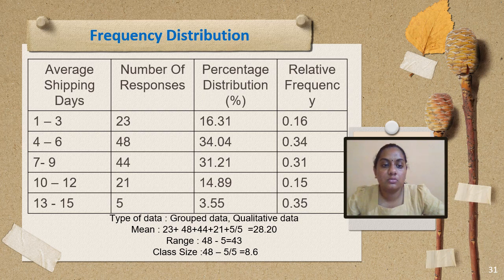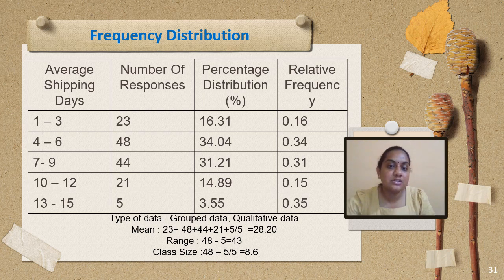For 1 to 3 days, the number of responses is 23, and 48 respondents support 4 to 6 days. 44 respondents support 7 to 9 days, and 21 respondents support 10 to 12 days, and only a small number of respondents support 13 to 15 days for the average shipping. Maybe there's a problem with shipping.